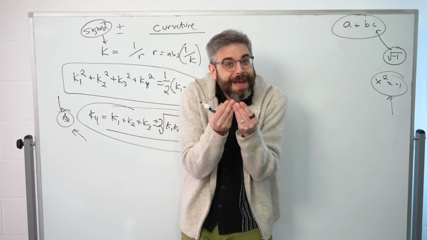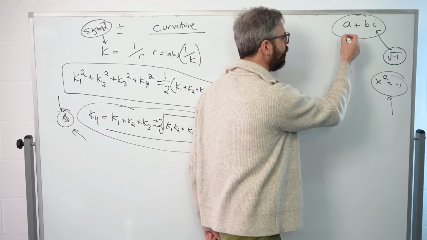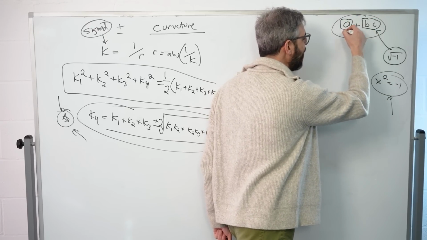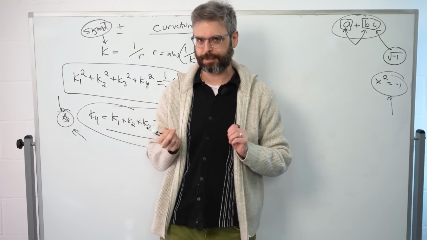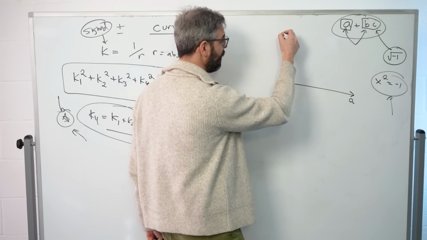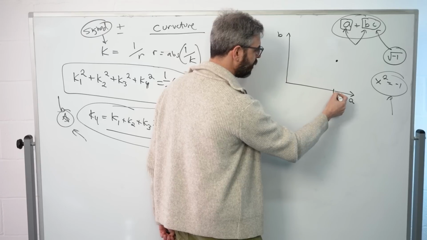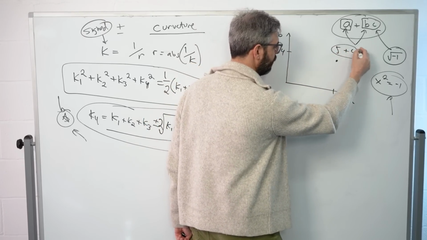What is kind of magical here is because a complex number has two components, a and bi, this a and this b can be mapped to what's called the complex plane. This might be the a-axis, this might be the b-axis. So if I put a point over here, maybe it's the point 5 plus 4i.